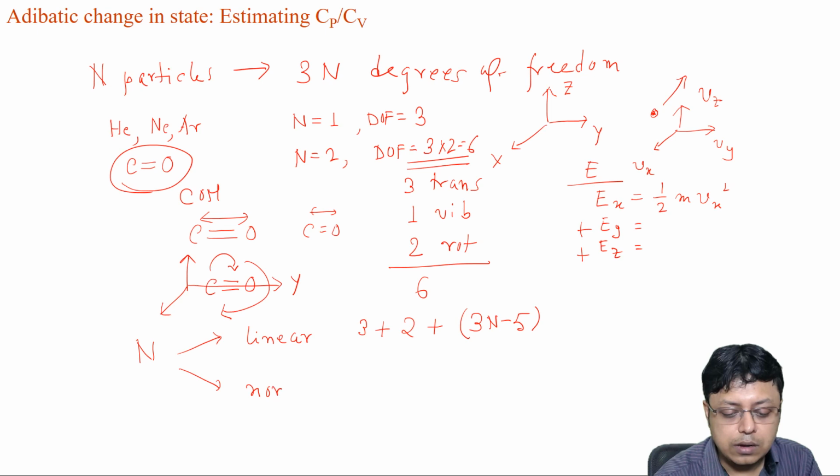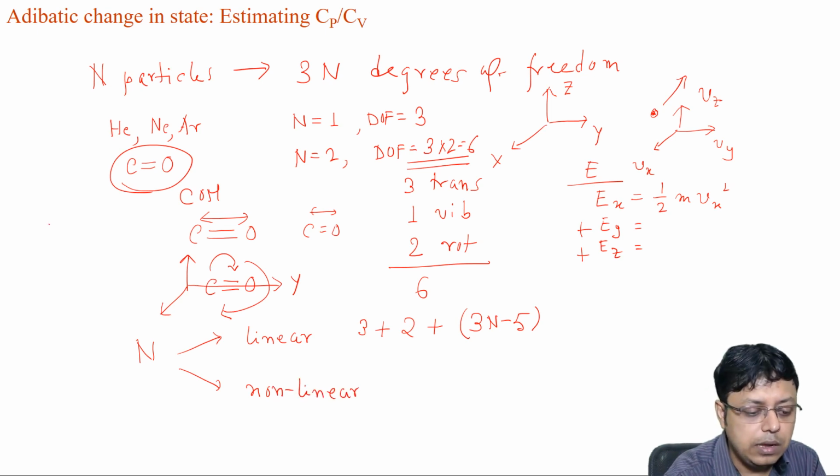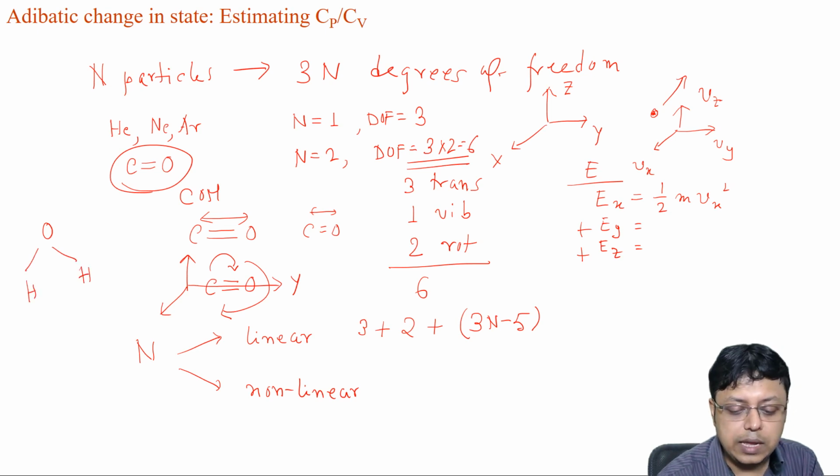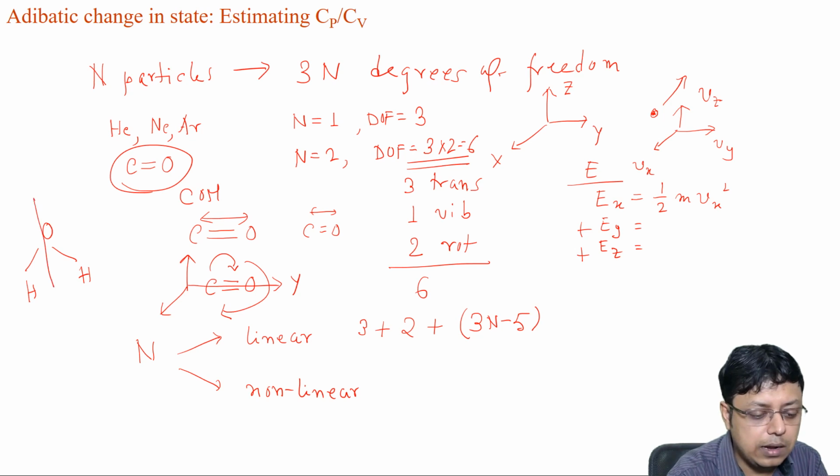If it is a non-linear molecule, for example something like water, then it can have non-zero moment of inertia for rotation along any of the three axes.